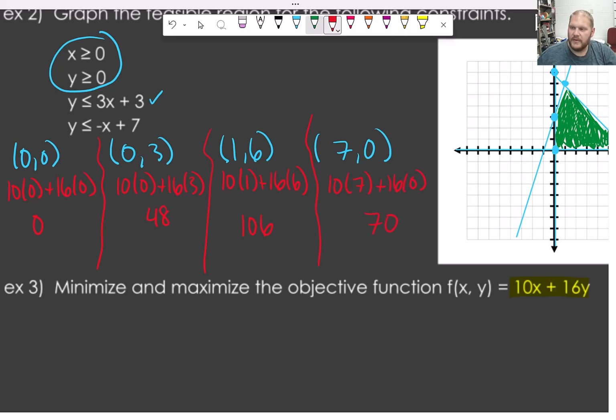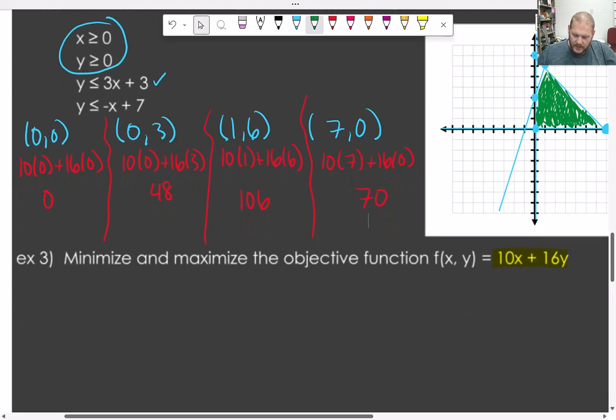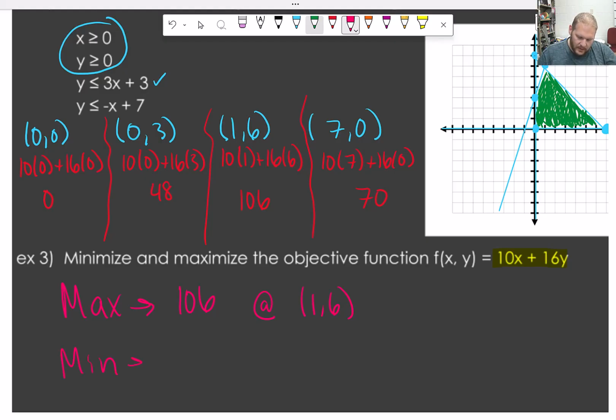Okay. So now that I have all 4 of those different outputs, I know that my maximum value is 106. That happened at the point (1, 6). My minimum value was 0, and that happened at (0, 0).